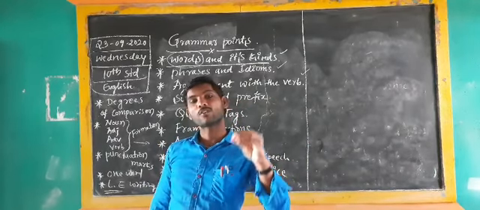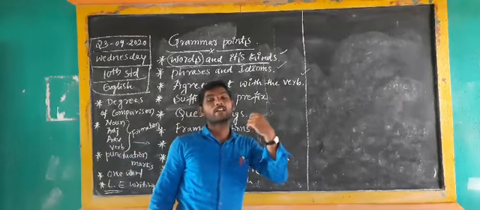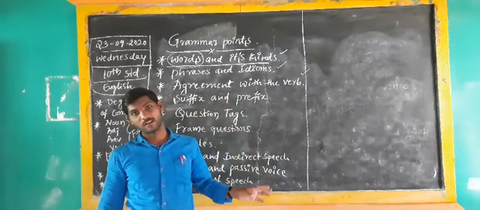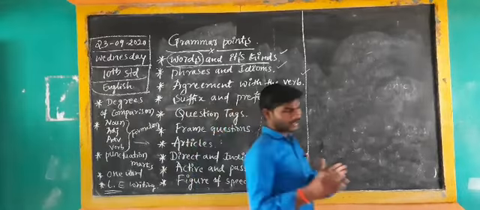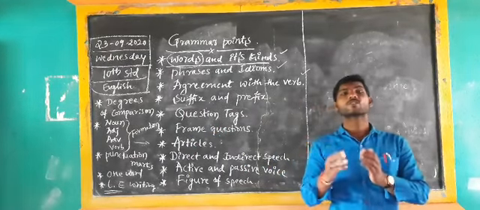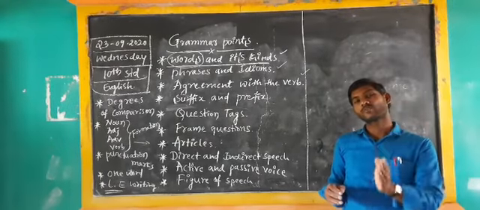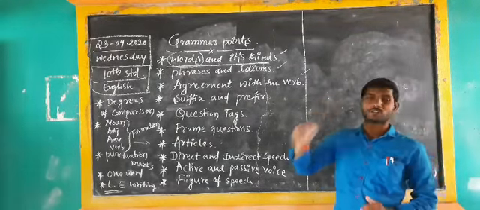Those letter groups are considered as words. Once again, I repeat the definition of the word: arrangement of systematic alphabetical letters which gives us perfect sense. Those letter groups are considered as words.